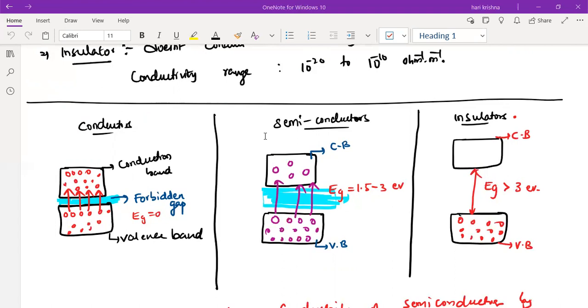And the last one is the insulators. In this case, there is a large gap between the valency band and the conduction band. So the energy gap is greater than 3 volts. So they will not conduct the electricity at all, because what is the main reason? What is the main reason according to the band theory? Why insulators will not conduct the electricity according to the band theory?